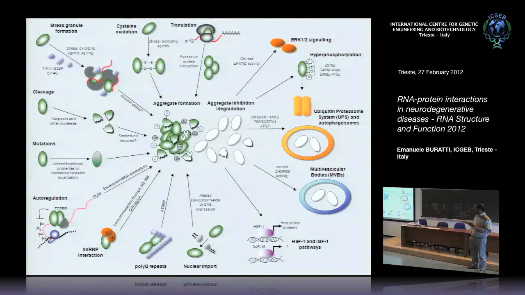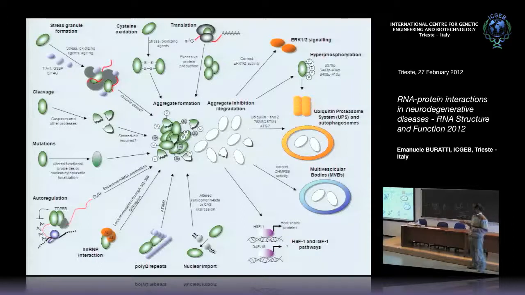And in these aggregates, TDP43 is not only in an aggregated form, but is also cleaved, phosphorylated, and ubiquitinated. Now, there are several ways through which this aggregation can occur, and of course there are also several ways through which this aggregation can be reversed.